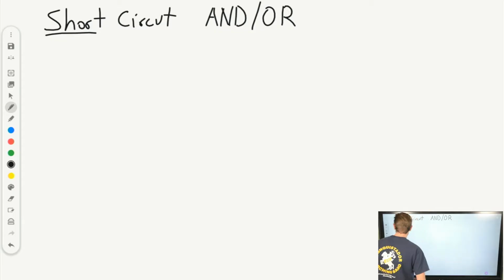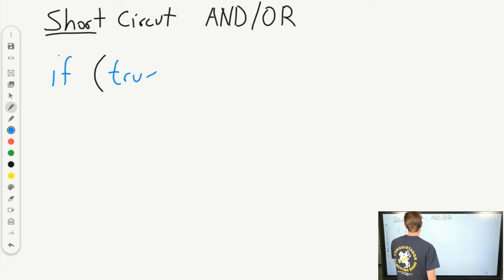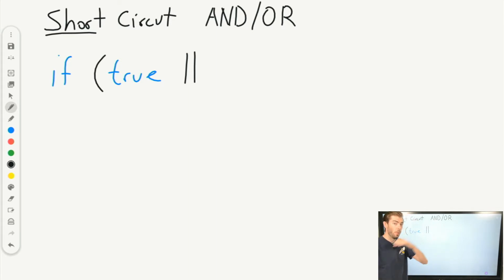So let's take a look. If we know that in an if statement, let's say we have something that is true or, well, think about this. When your grade was either showing up to class or doing the assignments, does it matter if you do the other one? No, this one doesn't matter.